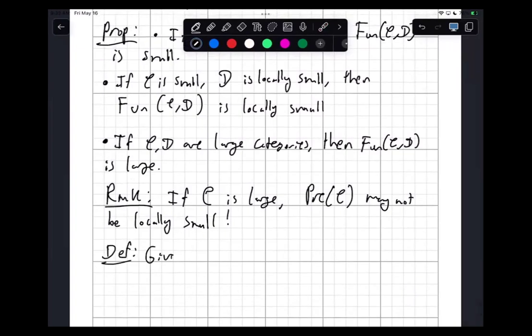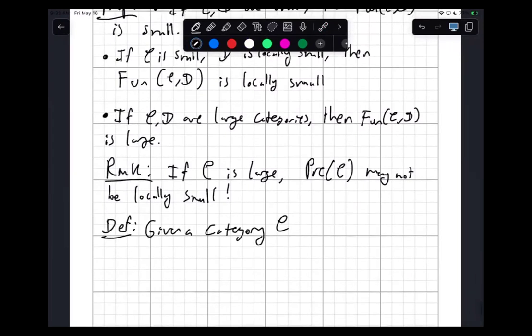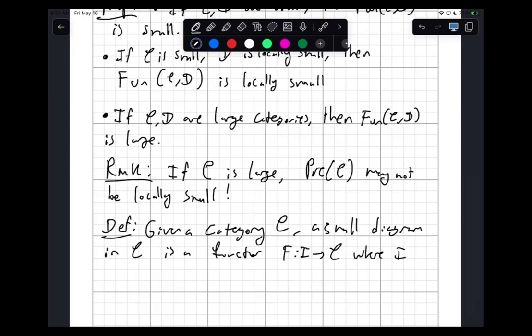So given a category, when I say category, I'll mean a large category that's locally small. A small diagram in C is a functor F from I to C, where I is a small category.